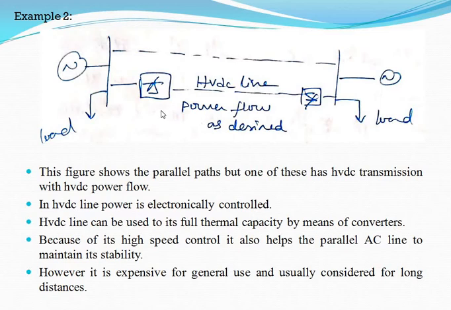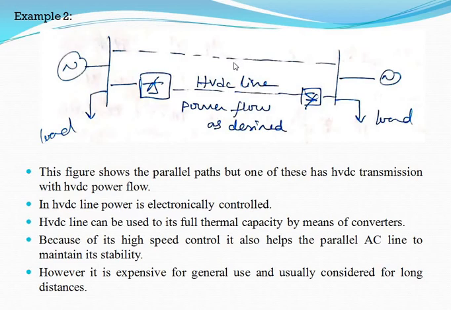That means we can transmit up to its thermal capacity in this HVDC transmission line because of these fast control converters. And also because of high speed control, it can help to improve the stability of the parallel AC transmission line.